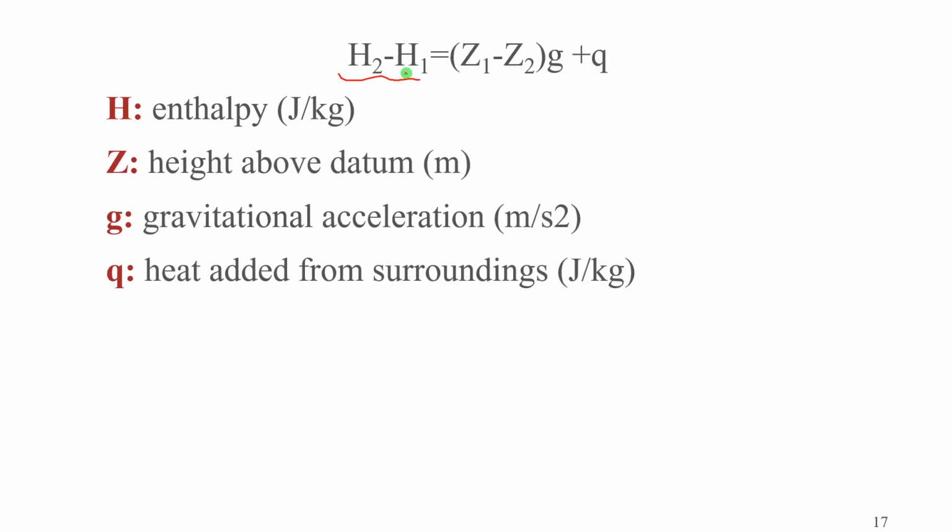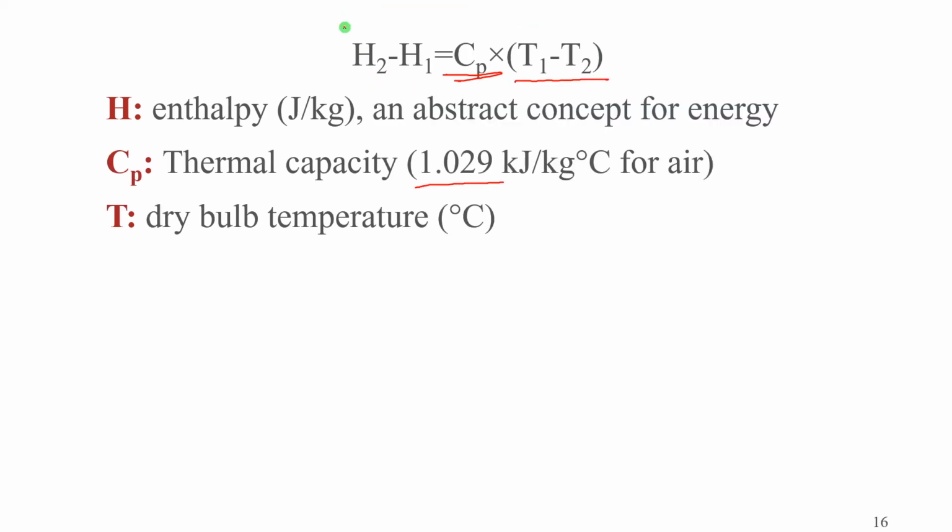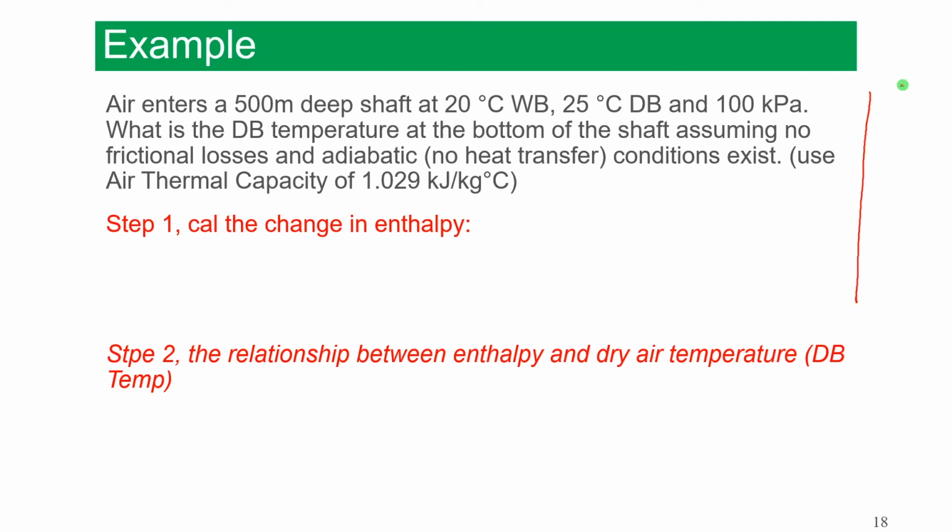Based on the steady flow energy equation, we have this equation. The change in enthalpy equals the change in height above datum times gravitational acceleration plus heat added from surroundings. We can use this equation and this equation to solve the problem. So in this problem, we have a shaft. We can define here as position 1 and here as position 2.